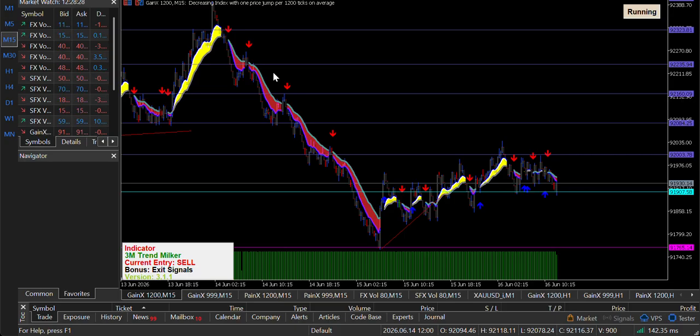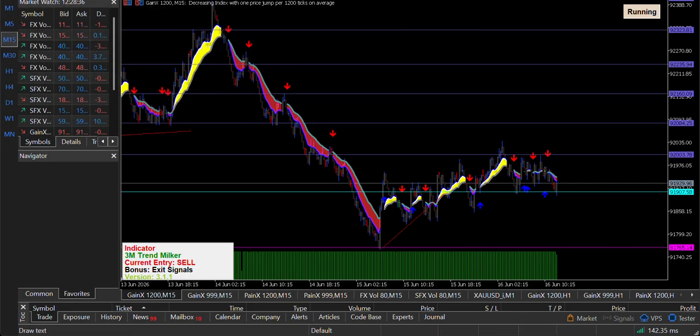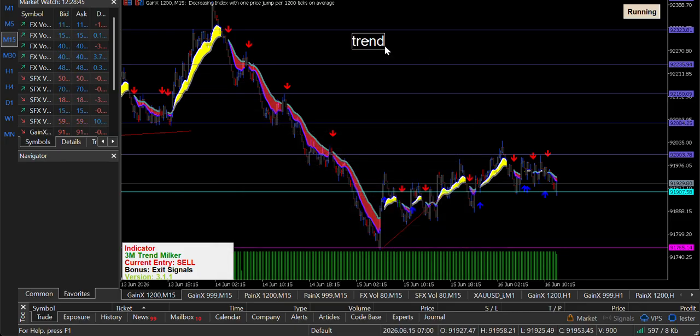The strategy is called the trend trading strategy. What it simply means is that you only need to follow the trend. Once you are able to get the trend right, that is all you need to do.